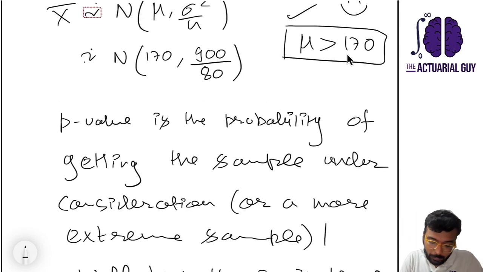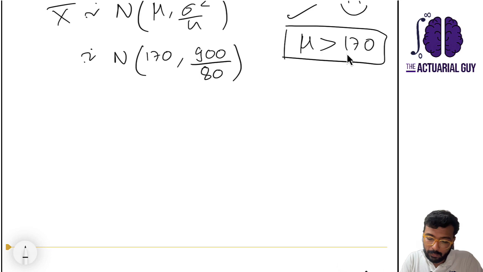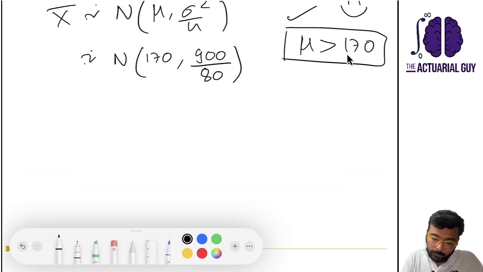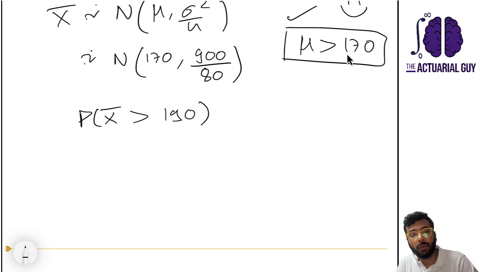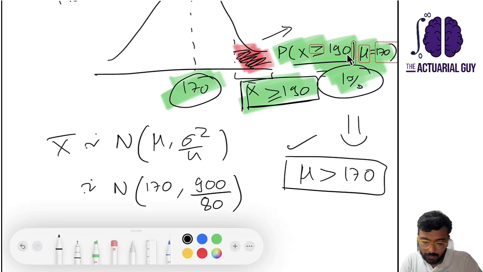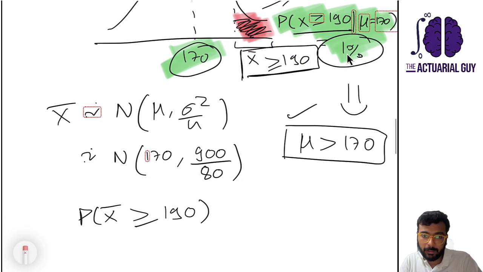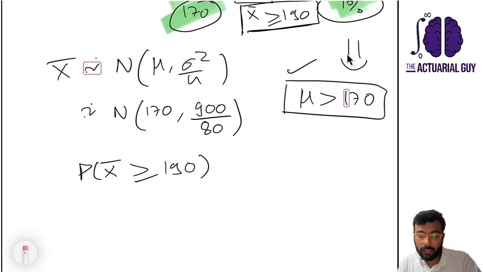Now, what is the probability of getting this sample or a sample more extreme than this? The probability of x bar being greater than 190, that is what we are talking about. This is the sample we have gotten. Sample mean is 190, right? So what is the probability that x bar can be 190 or more?